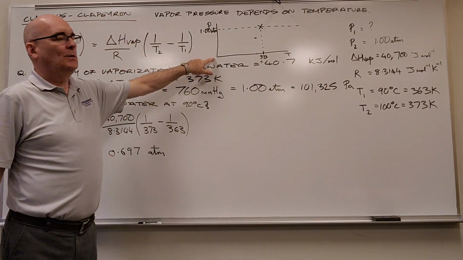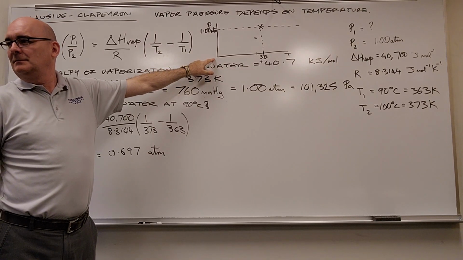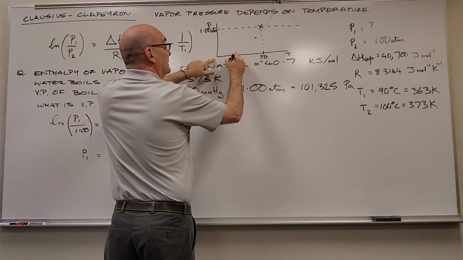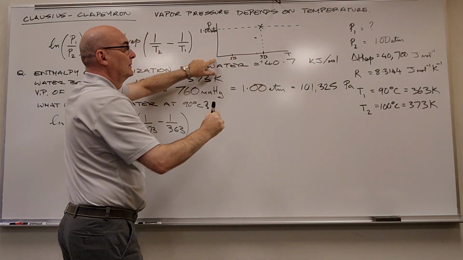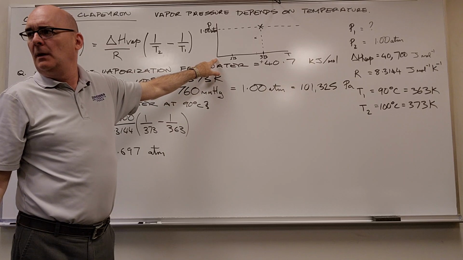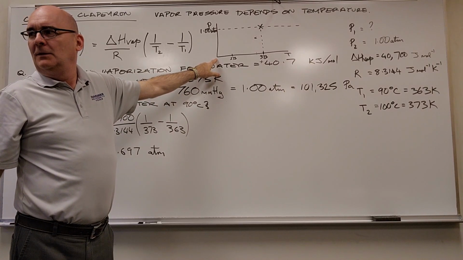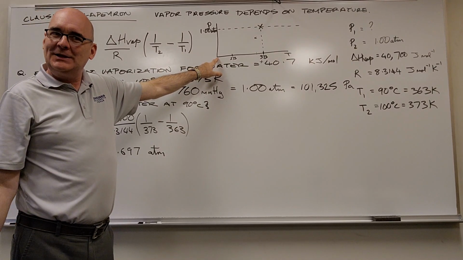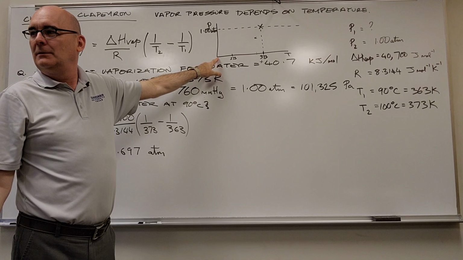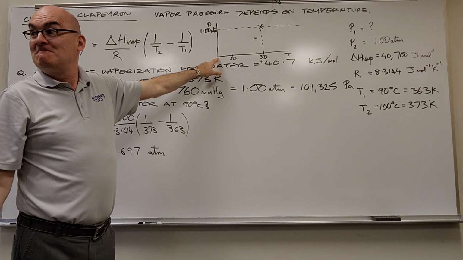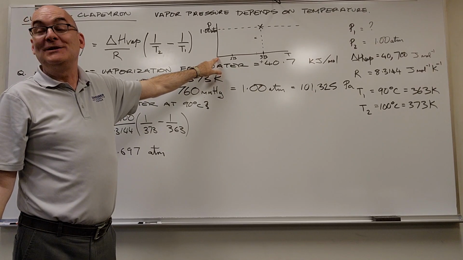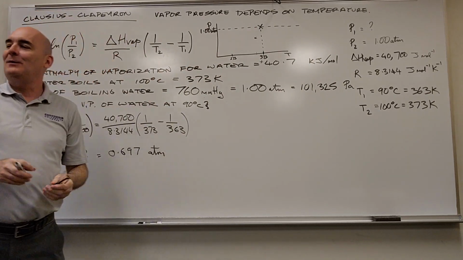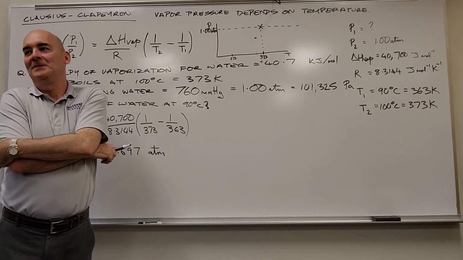What's the vapor pressure of the water at 0 Celsius, not 0 Kelvin? Is it actually 0? I don't think so. I think that right now our logic says it's got to be a really small number.